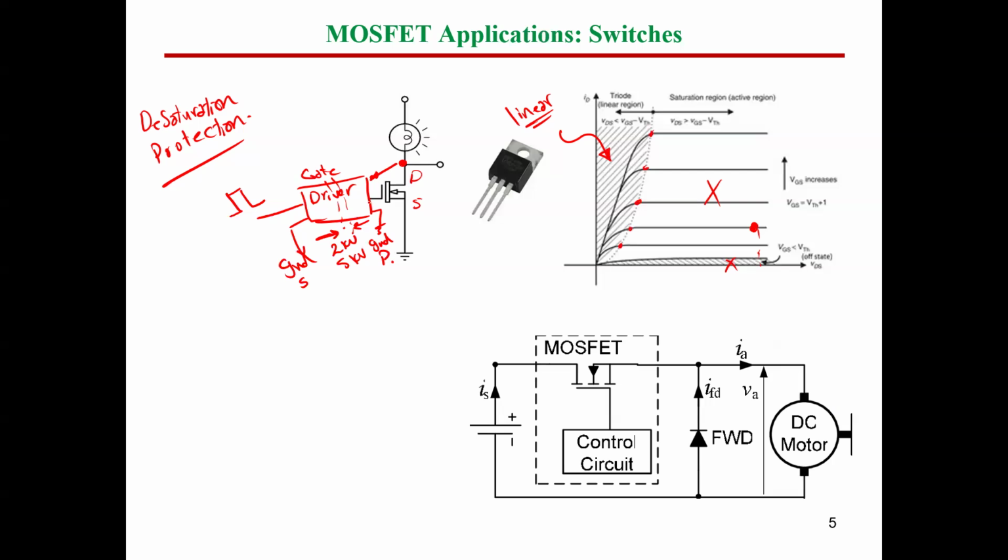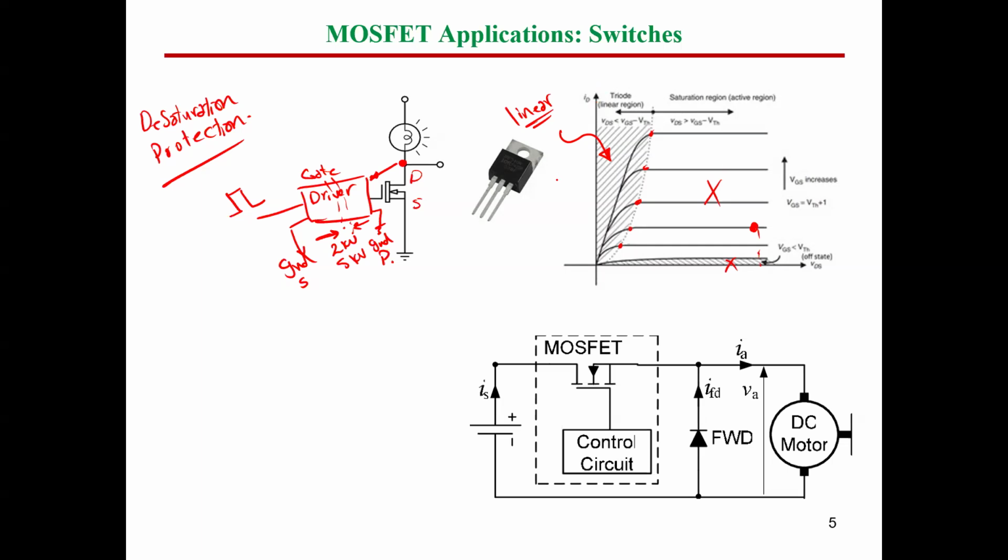If the value is increasing, this means we are moving toward the saturation region. So what will happen? We have to disconnect the switch for protection. Otherwise, it will work as an amplifier. This is another operating region, and for any switch, we cannot move to the saturation region. Okay, so this is one of the important applications we use in industry.